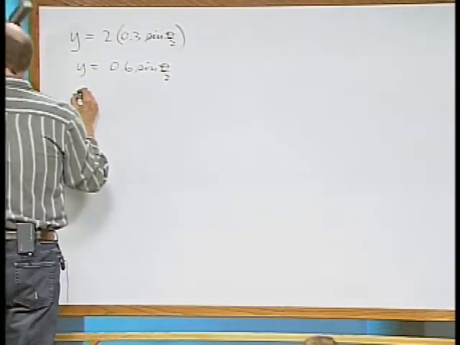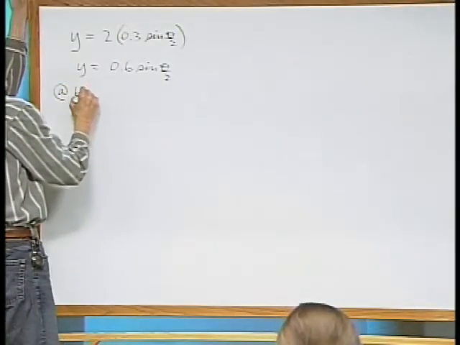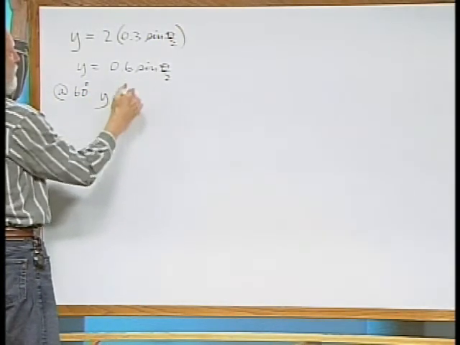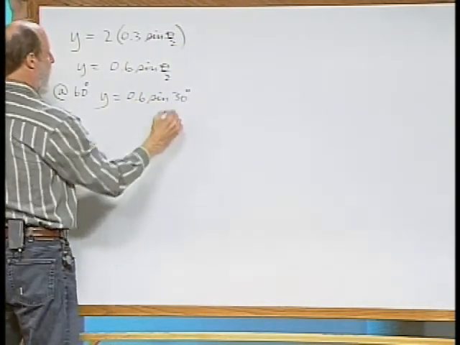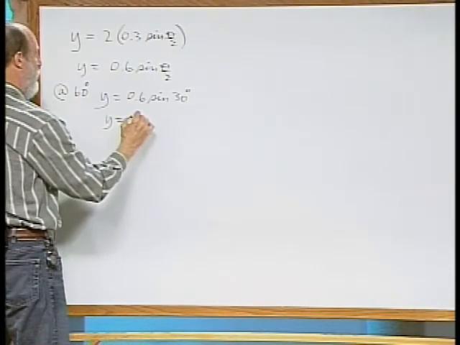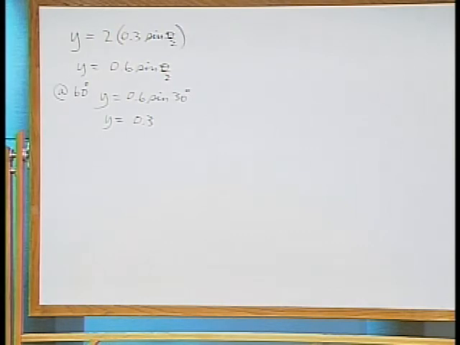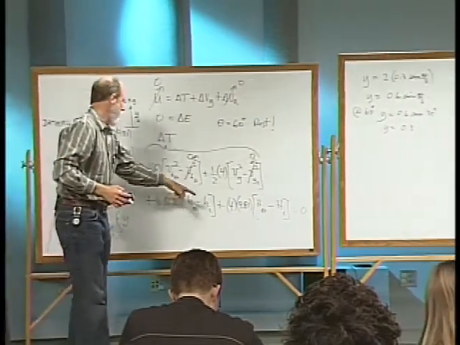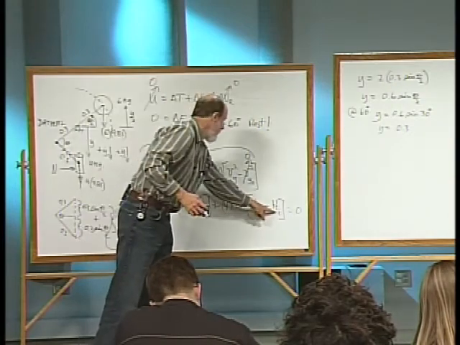At 60 degrees, the y was equal to 0.6 sine of 30 degrees, which is then equal to 0.3. Which is this distance at the starting point, which, using the symbolism in here, is the 4 kilogram mass's value below the datum.